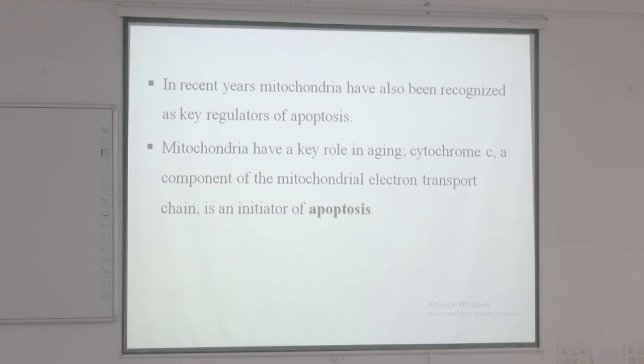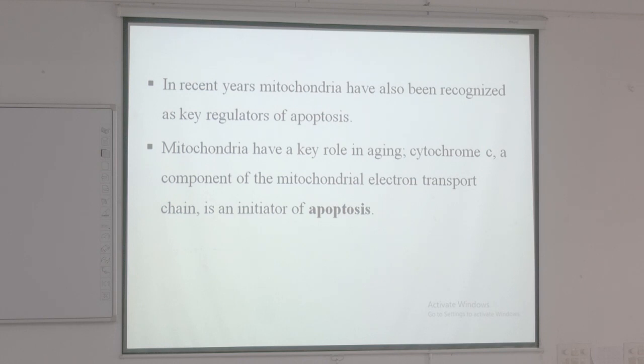In recent years, mitochondria have been recognized as key regulators of apoptosis. Apoptosis is basically the natural death of cells, which we call programmed cell death. It is not a type of necrosis. It is not death by chemical substances or other physical agents.